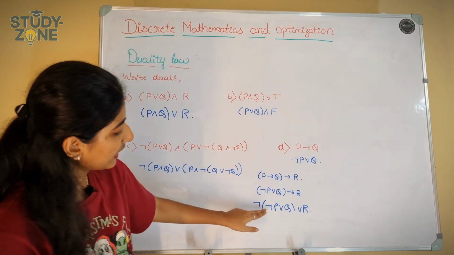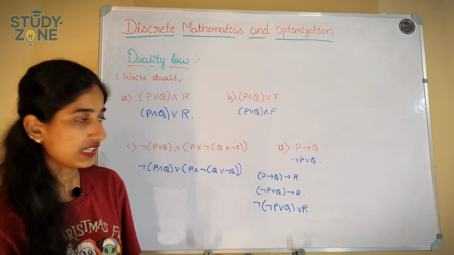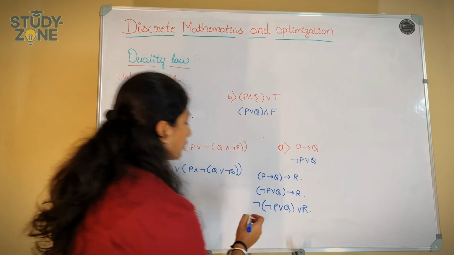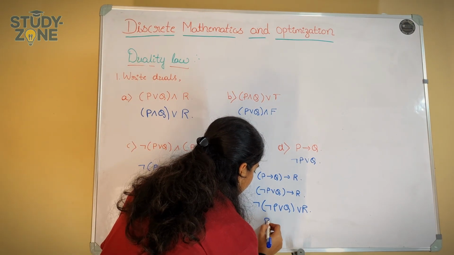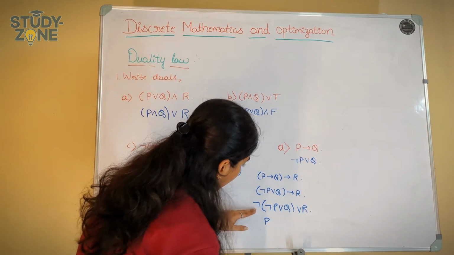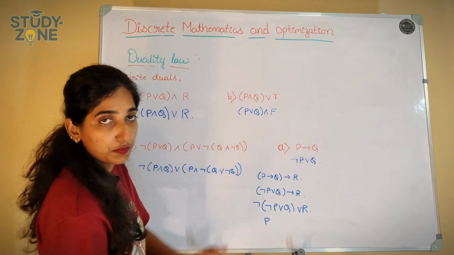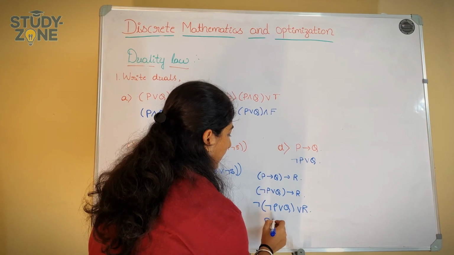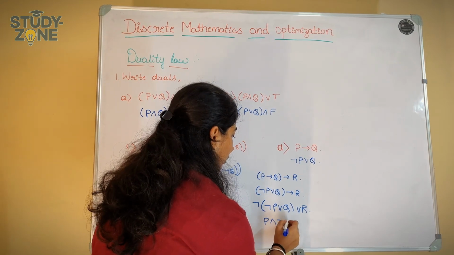So here look here we have negation of negation P, right? So what we can do, we can simplify it further. So we have to write it as P and then look here we have negation of negation P and Q, right? So we can write it as P and not Q, correct?